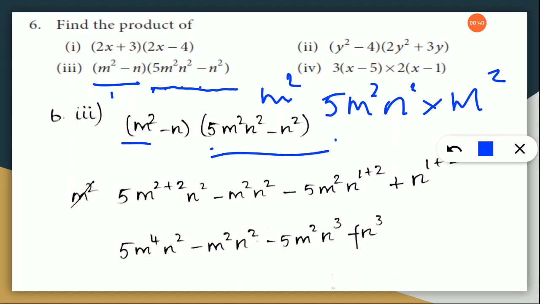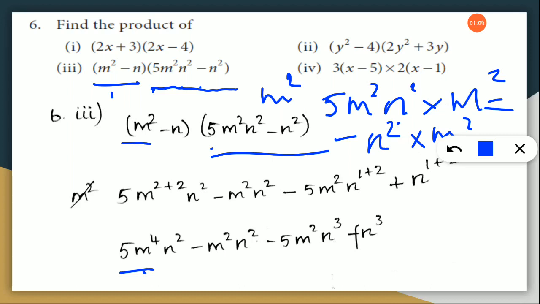Okay, and then minus, I'm just splitting this. See here, 5m square n square is written here, and then minus n square is written here, and both are multiplied with m square and the final answer is given. First, m square into 5m square n square can be written as 5. Same bases are there, so I'm going to add the powers. m power 4 and then n.